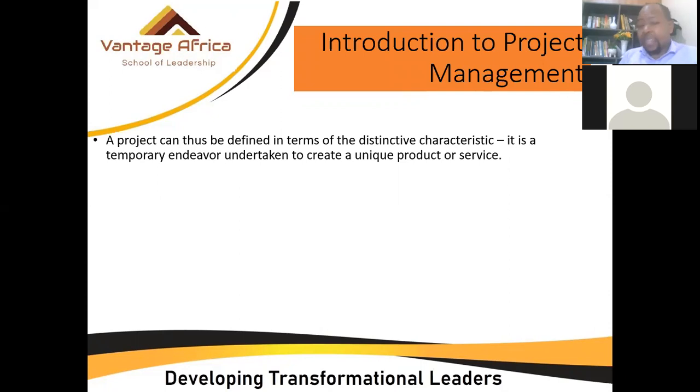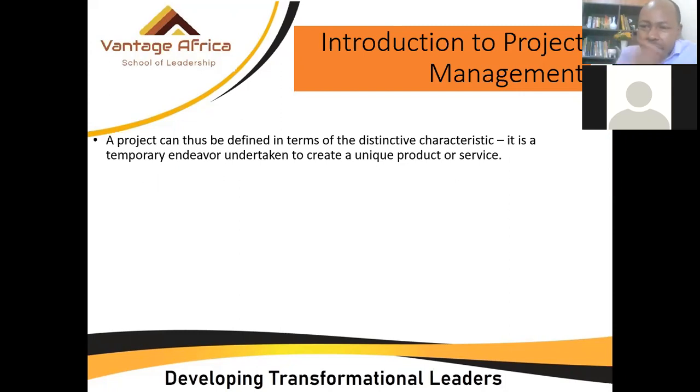So a project can thus be defined in terms of its distinctive characteristics. It is a temporary endeavor undertaken to create a unique product or service. So when we attempt to define a project, what terms do we use? What strategy do we use?